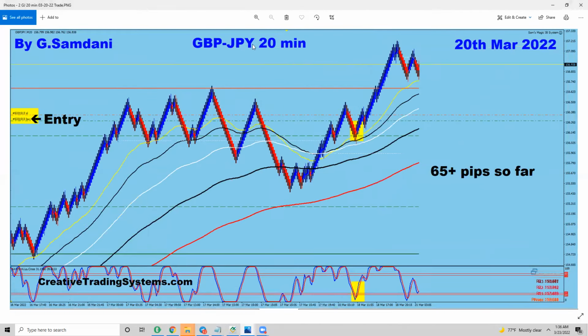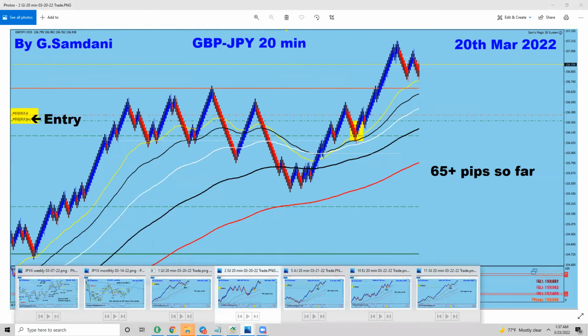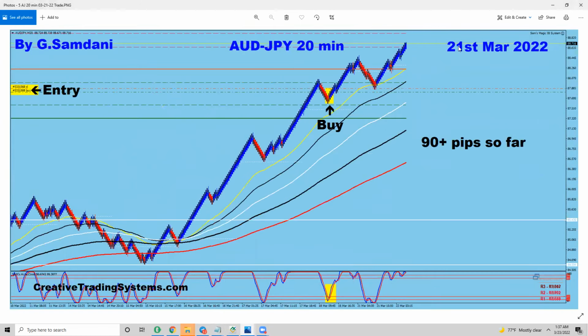This is pound yen, the 20th. I'm showing only yen trades, nothing else. I have several other trades, but I'm just showing you yen pairs, yen trades based on that yen index chart. So on the 20th, 65, these are the two on Sunday. Then comes Monday, I had only one entry: AUD yen, I had several others, but AUD yen on the 21st, Monday, for 90 pip.